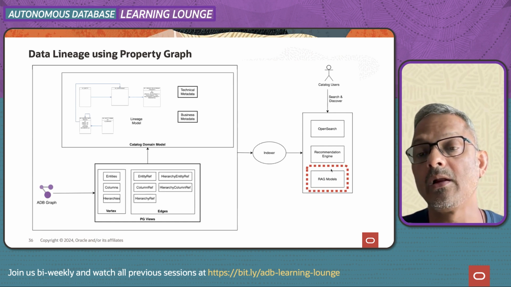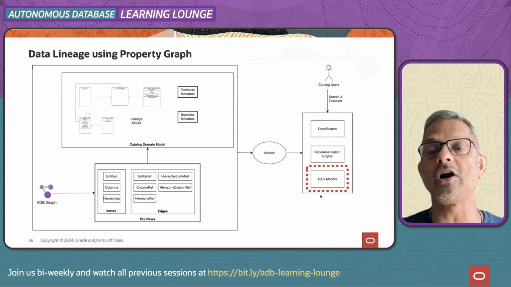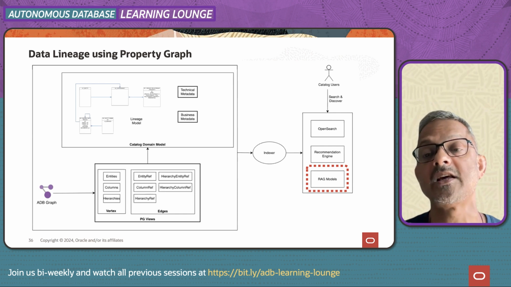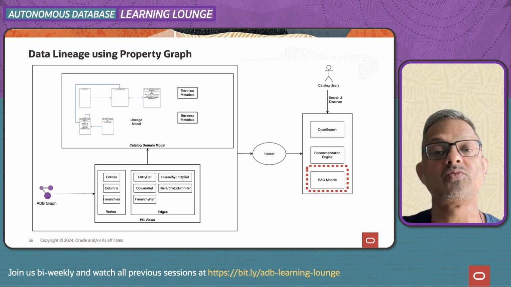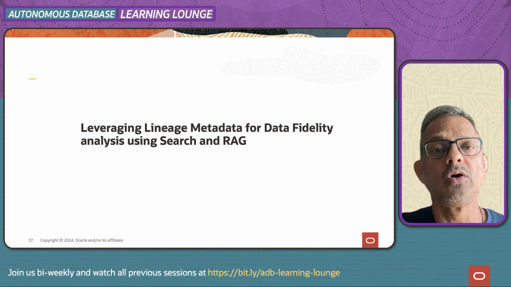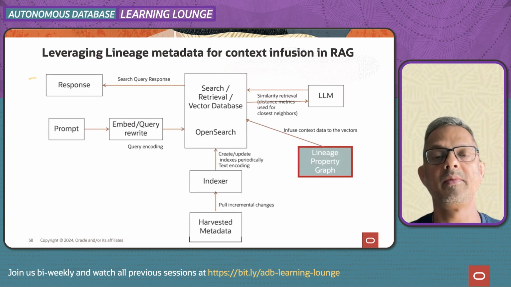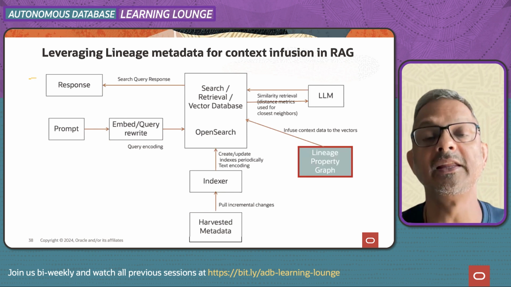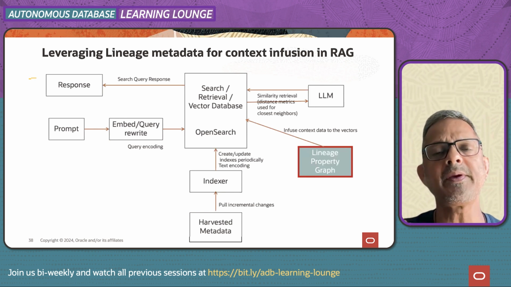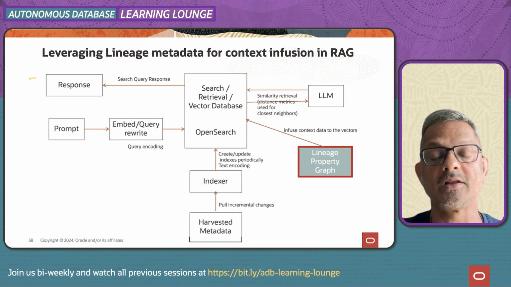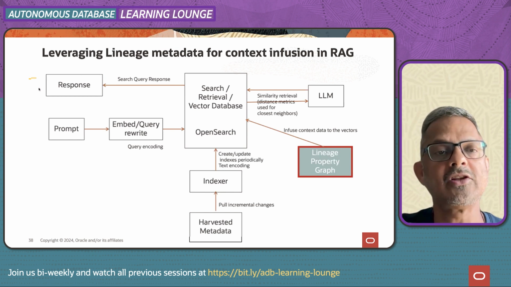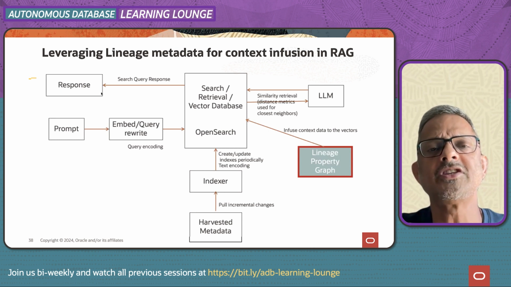And then we also have large language models. I'm going to quickly talk about how we basically infuse context through the property graph in our large language models. This is again how we leverage lineage metadata to infuse context. So typically, when people talk about retrieval augmented models, they mostly talk about a system which is pretty much standard, right?